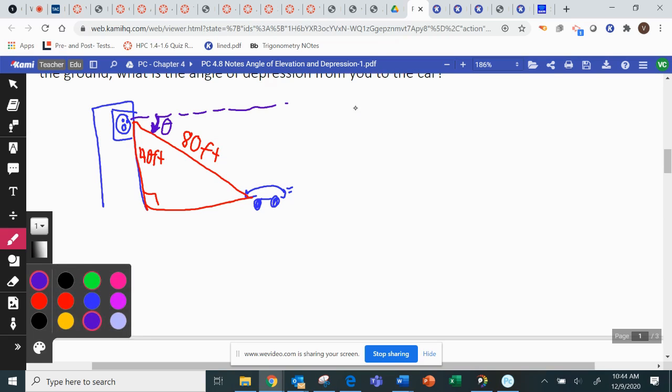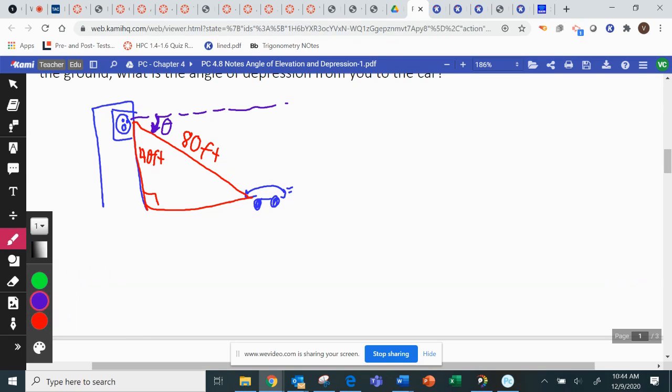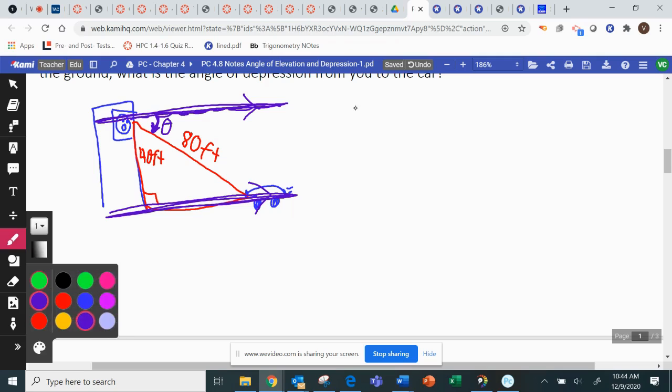But do you guys remember anything in geometry about parallel lines? Because your line of sight and the horizontal ground are parallel. And a transversal.